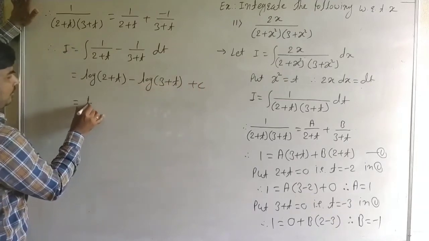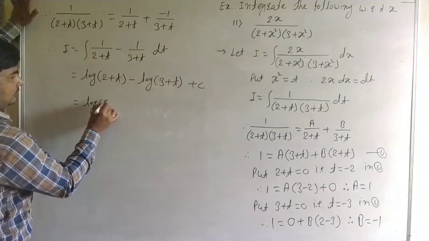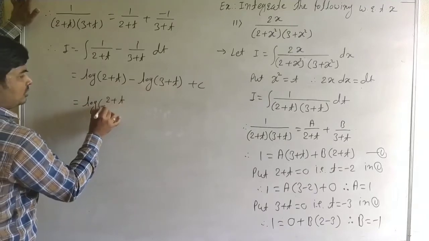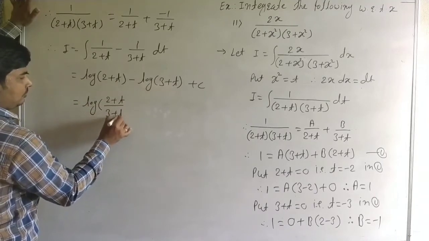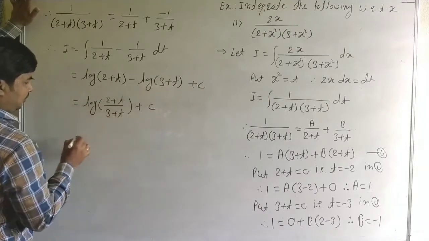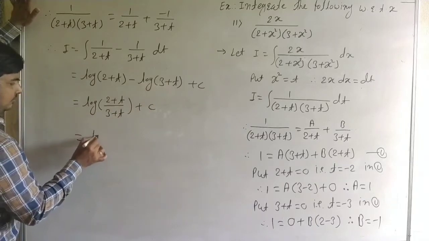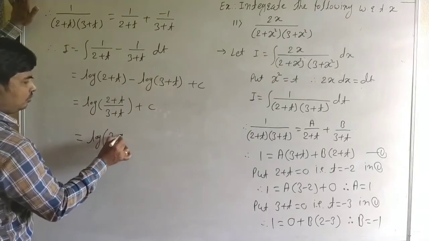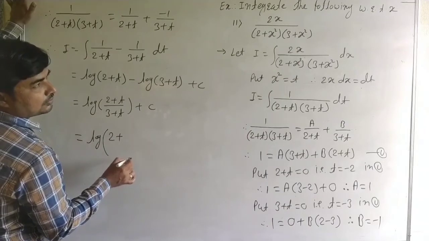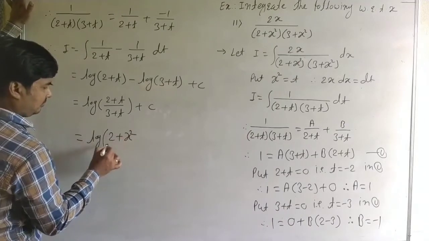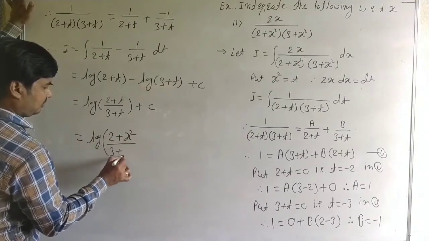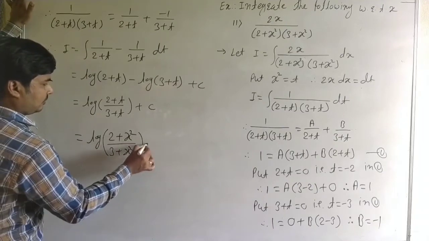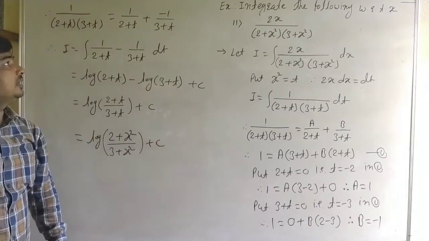Then use the property of logarithm: log of (2 plus t) upon (3 plus t) plus c, and put the value of t. Therefore log of (2 plus x square) upon (3 plus x square) plus c. Okay, here it is the final answer.